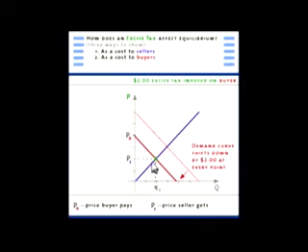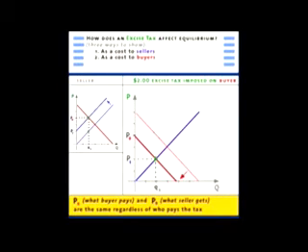Now, before I show you the third way, let me point out something interesting about these first two ways of representing an excise tax, and that is they're completely equivalent. It doesn't matter whether you shift the demand curve downwards by $2 at every point, or whether you shift the supply curve upwards by $2 at every point.